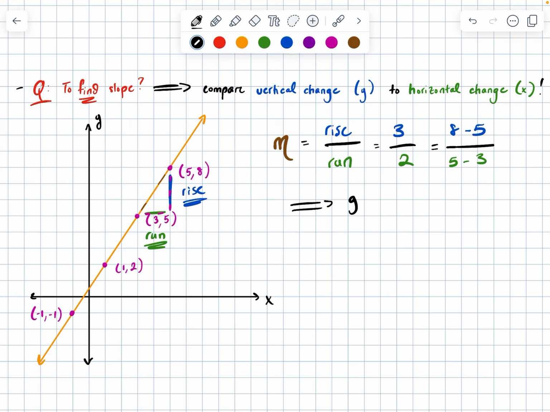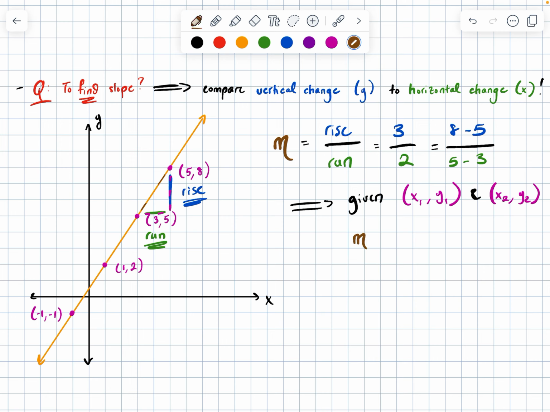So from this idea, if I generalize, another way to find slope, given 2 points, let's say I call my first point (x sub 1, y sub 1). Remember that this notation is just saying the first x value and the first y value. And let's call the second point equivalently (x sub 2, y sub 2). So the second x value and the second y value.